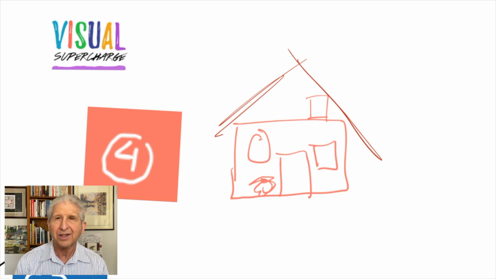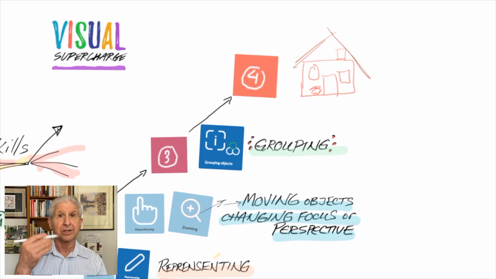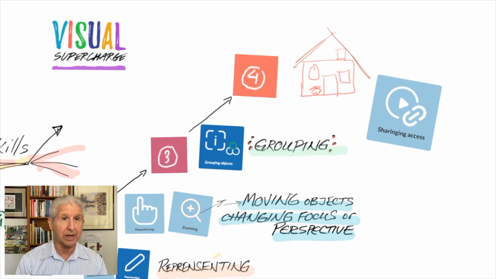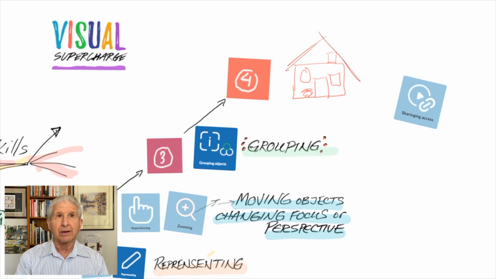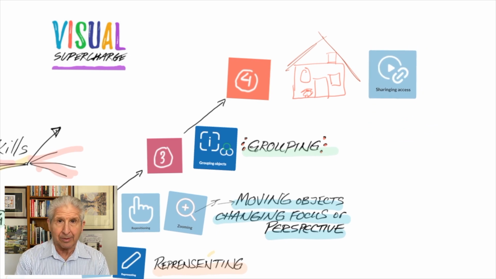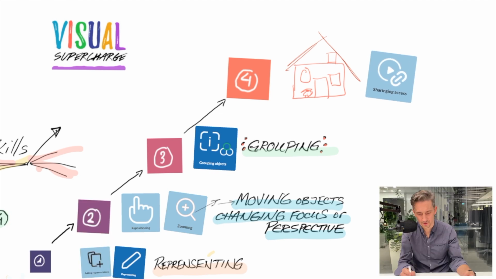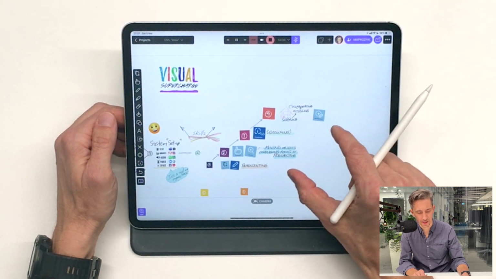So the whole process of sharing and accessing what we've just created is a skill, and it's a powerful skill because we can bring other people in on our design, and we can invite people to collaborate with us really easily. Great. Okay. And this concludes the list of our basic skills.